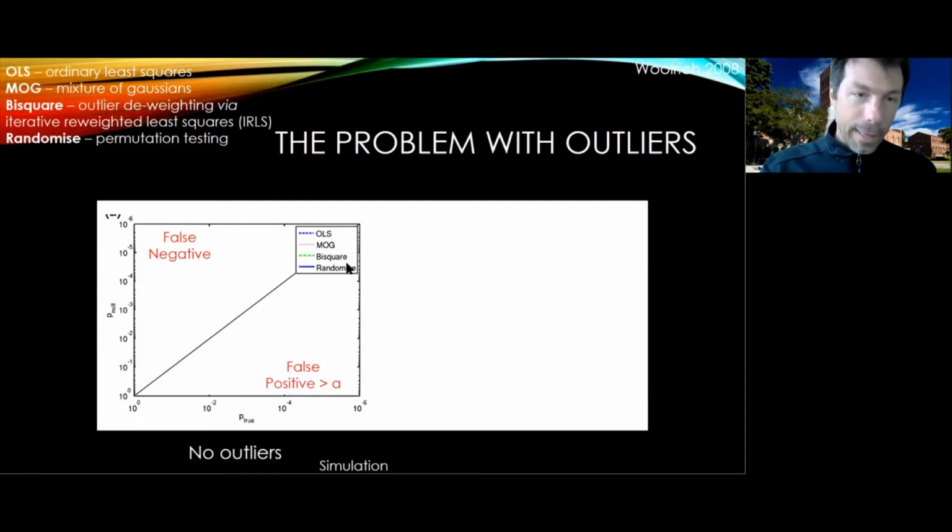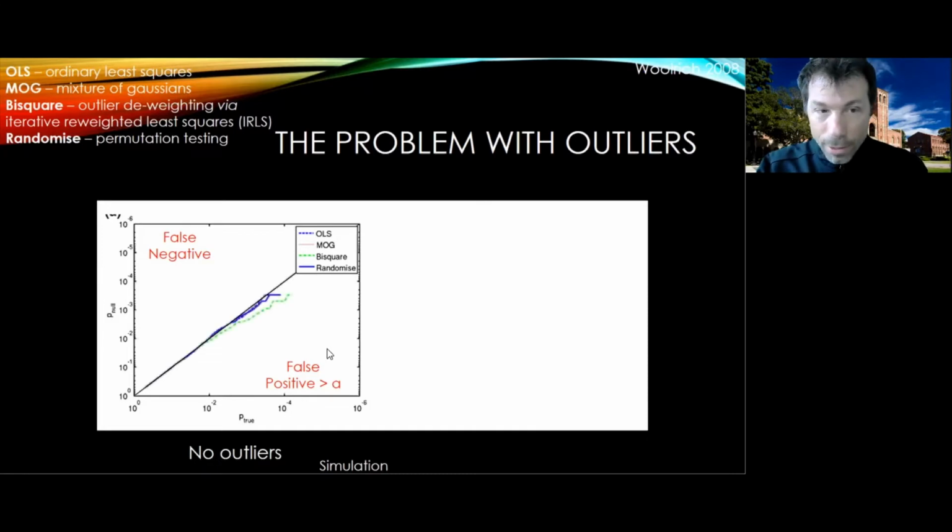And what you're seeing here in this graph, this is a log-log graph, if you were perfectly on this line, it would mean that your false positives are exactly 0.5. Whereas if you're on this side of the graph, then it means that you're getting false negatives. If you're on this side, it means your false positives are greater than the nominal rate.